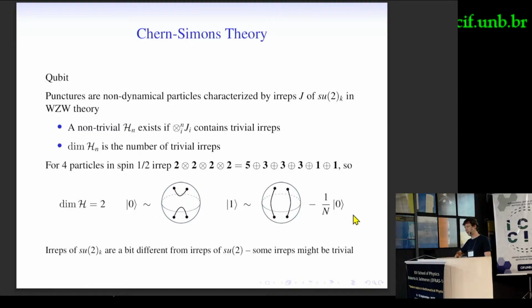Quantizing this theory, we'll find that the basic operators of this theory are classified by the representations of SU(2), but only a finite number of representations appear, and this number depends on K. So in principle, as I mentioned earlier, for certain values of K, these tensor products may produce fewer singlets than expected from regular tensor products of SU(2) representations.